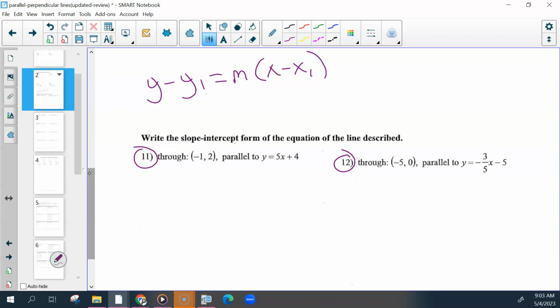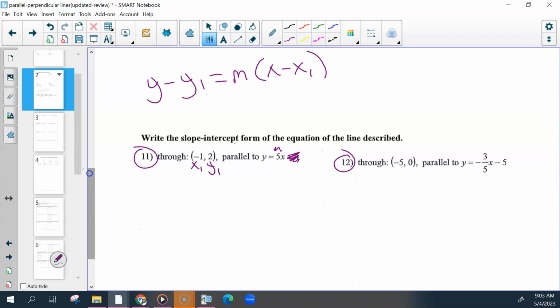We're given a point, and we have to put all that in this formula. So if it's parallel, the slope is going to be the same. So what's given is your slope. That's your m. The point is your x1, y1. The y-intercept in this equation, we completely ignore. We don't do anything with that. Cross it out if you need to.